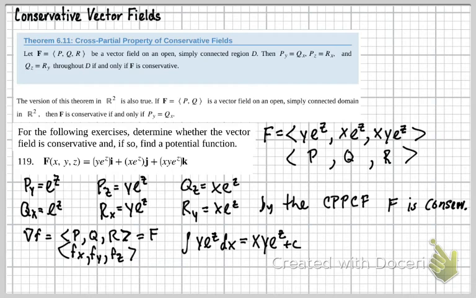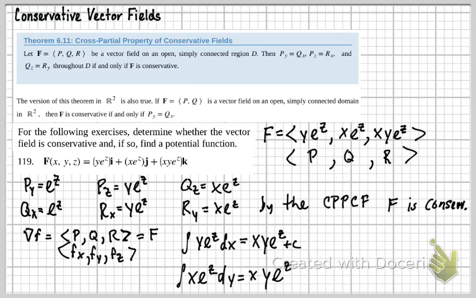Now I'm going to integrate the middle one, with respect to y. The integral of x e to the z with respect to y is x y e to the z.